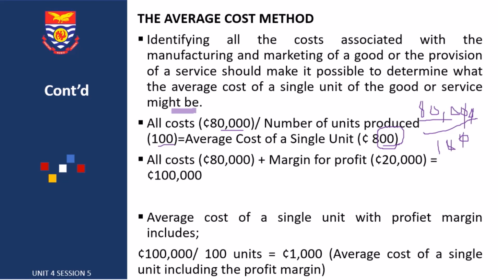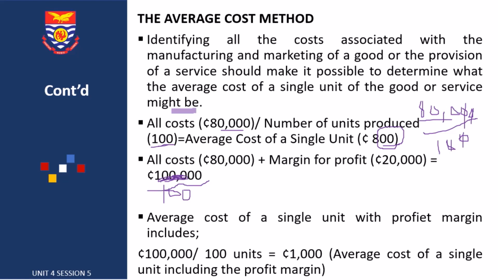Let's assume that the reasonable profit margin is 20,000, which means that the firm gets an amount of 100,000. To get the price of each product, this 100,000 would be divided by the 100 units produced.